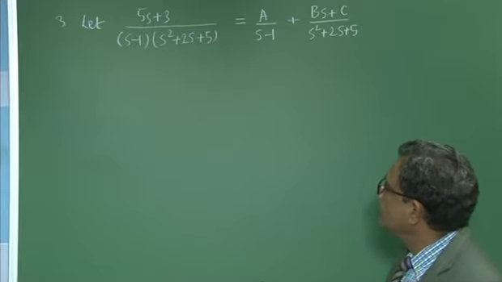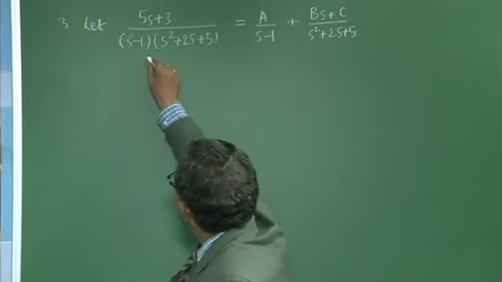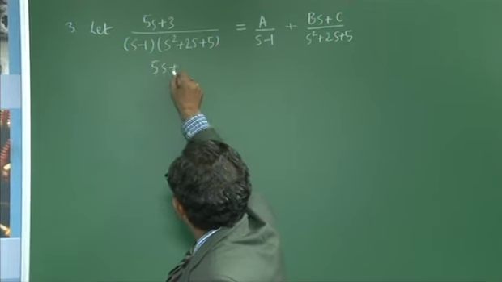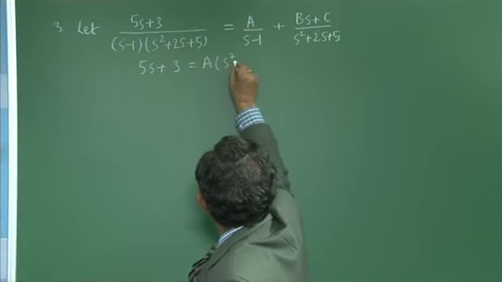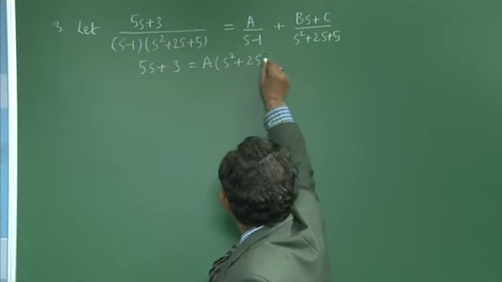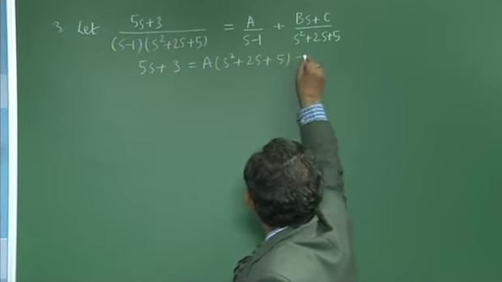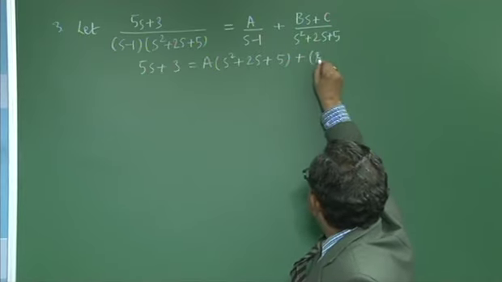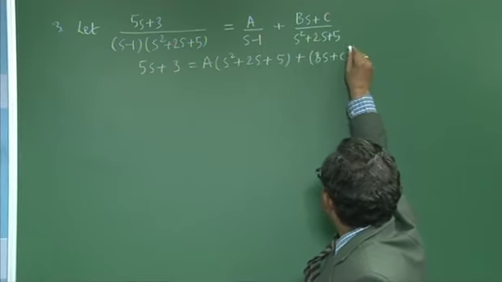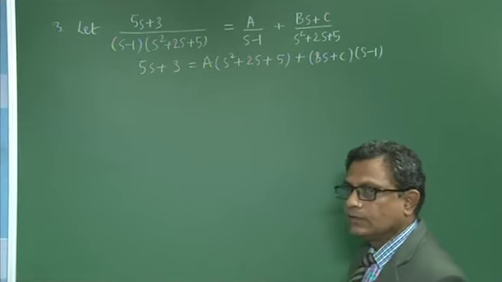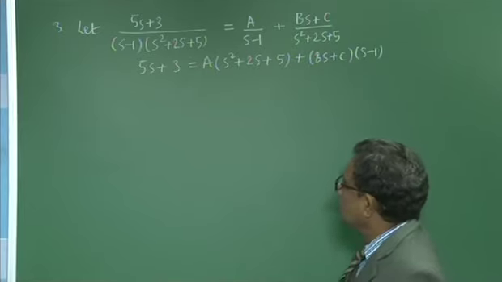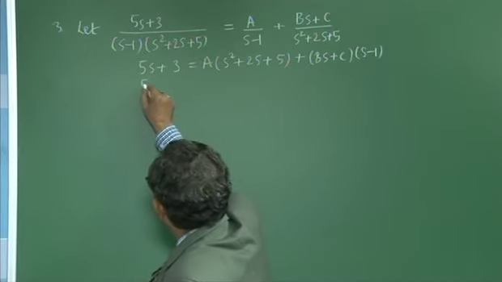Now simplify by taking the LCM. 5s plus 3 equals a into s square plus 2s plus 5 plus bs plus c into s minus 1. Now simplify this again.